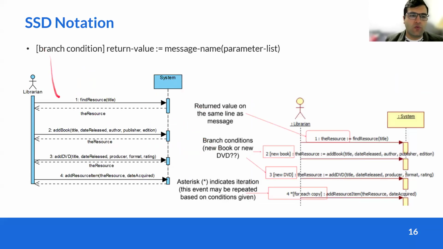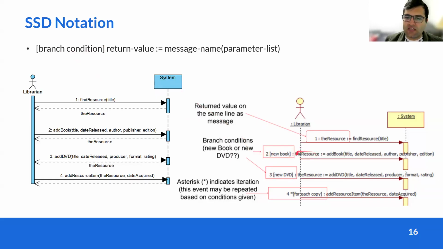So when you're writing out the messages, how do you write that? What are the SSD notations? If you have any conditions, you record them in square brackets. Is it a new book? Is it a new DVD? That's in square brackets. And then what are you going to get in return?